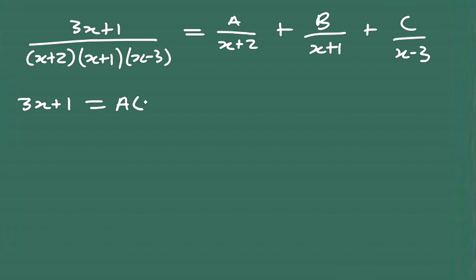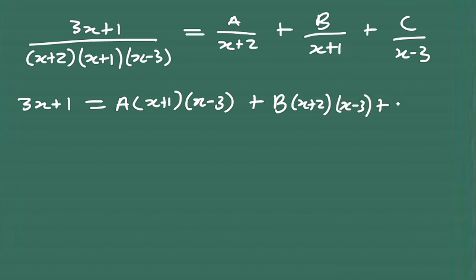So this will be A times x plus 1 times x minus 3. For B, when we multiply this term by this denominator, x plus 1 is gone. What we are left with is x plus 2 times x minus 3.